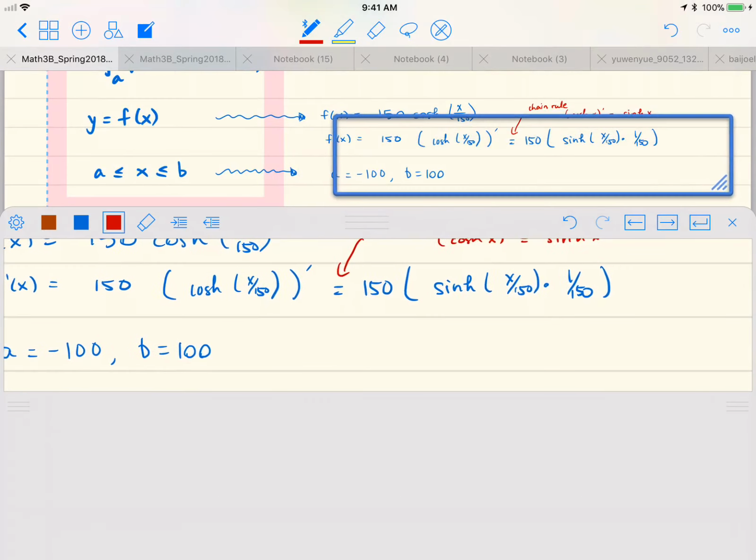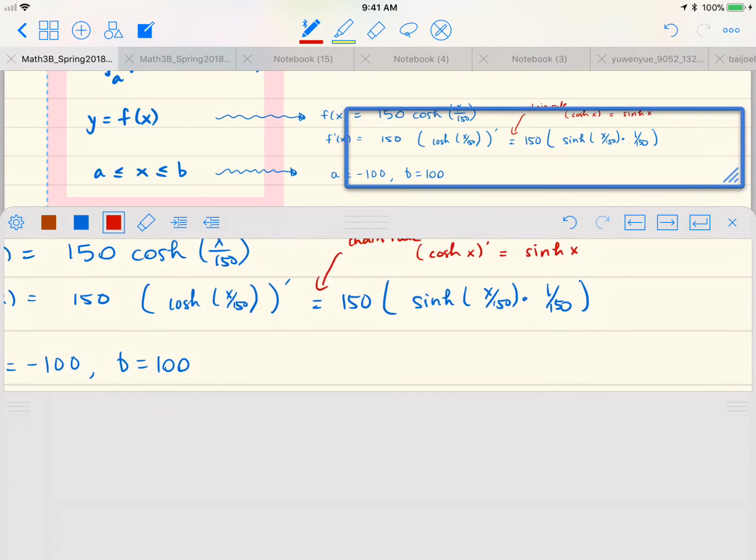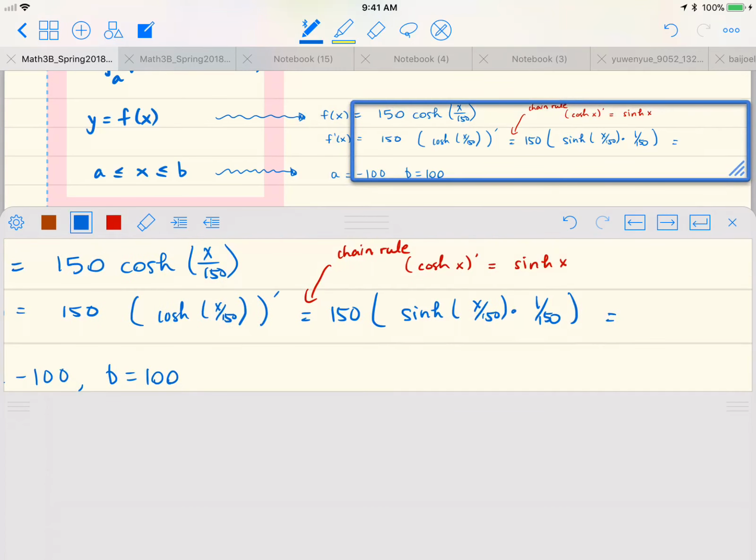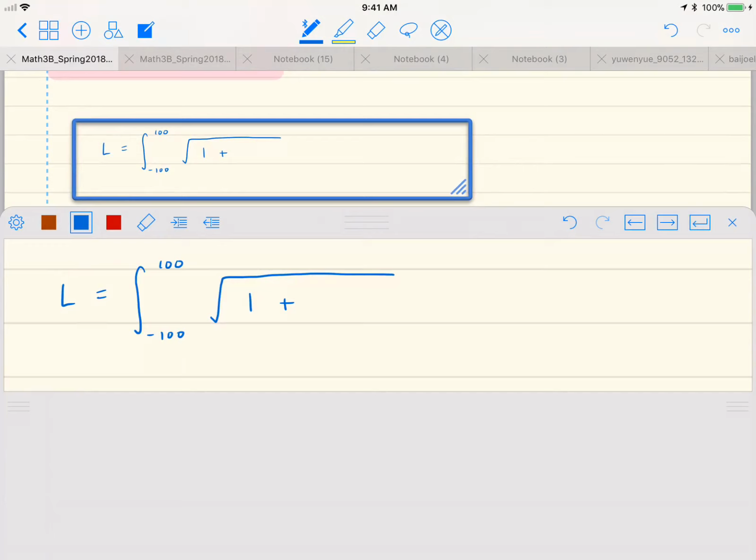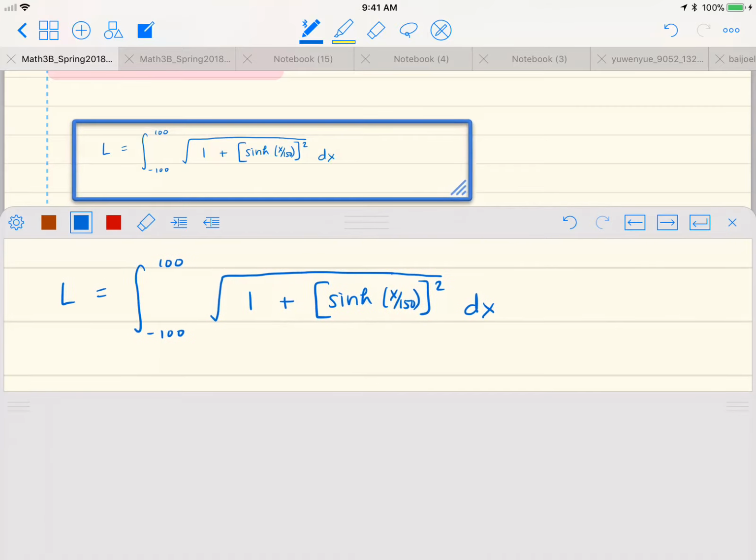Okay, so when we multiply this out, the 150 and the 1 over 150 will cancel out, and our derivative is just going to be sinh of x over 150. Okay, so here we'll have sinh of x over 150, and this will be squared, dx.